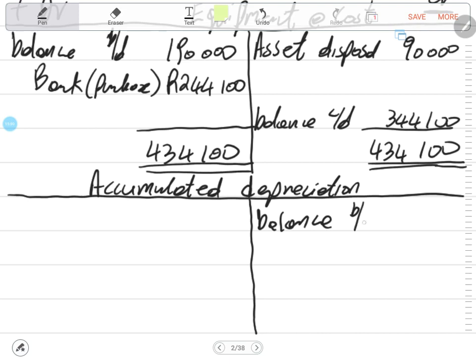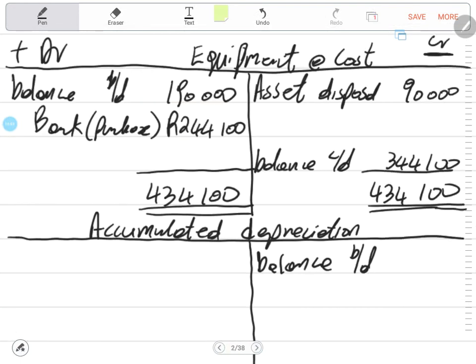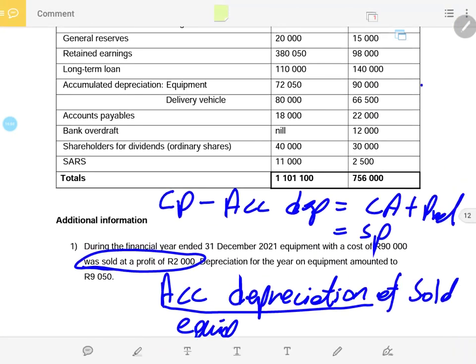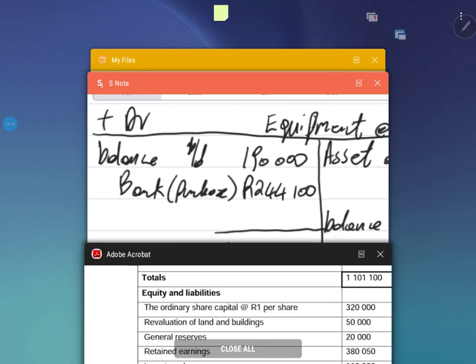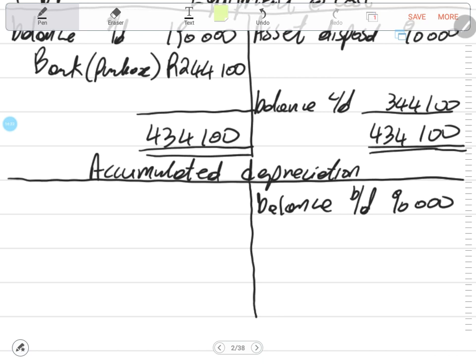We have our balance brought down. We go to the statement of financial position to check the opening balance of accumulated depreciation on equipment, which is 90,000, and the closing balance, which is 72,050.